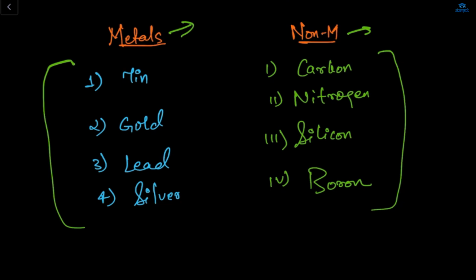If the atomic number is above 20, then no need to write, okay? Because for tin it's 50. Lead is 32. Ma'am, lead is 82. It's written over here.